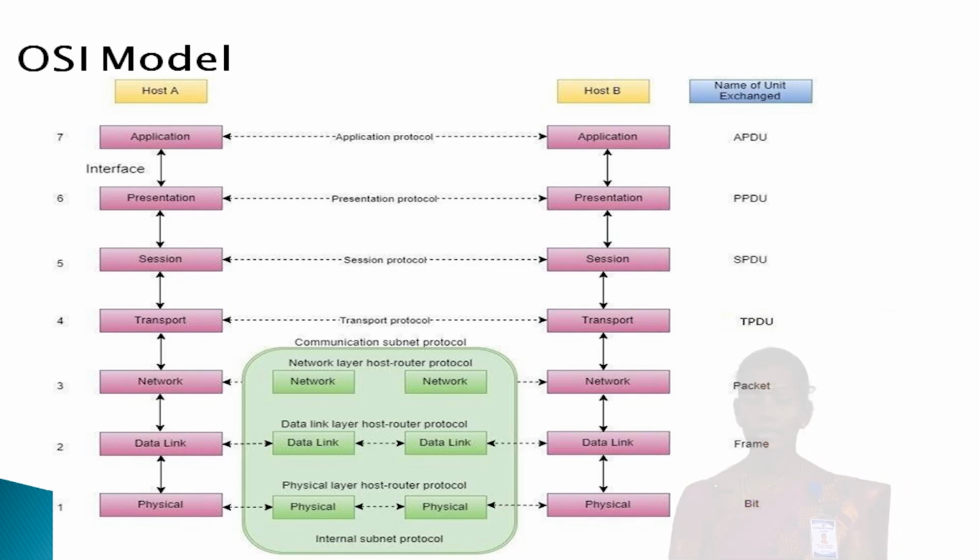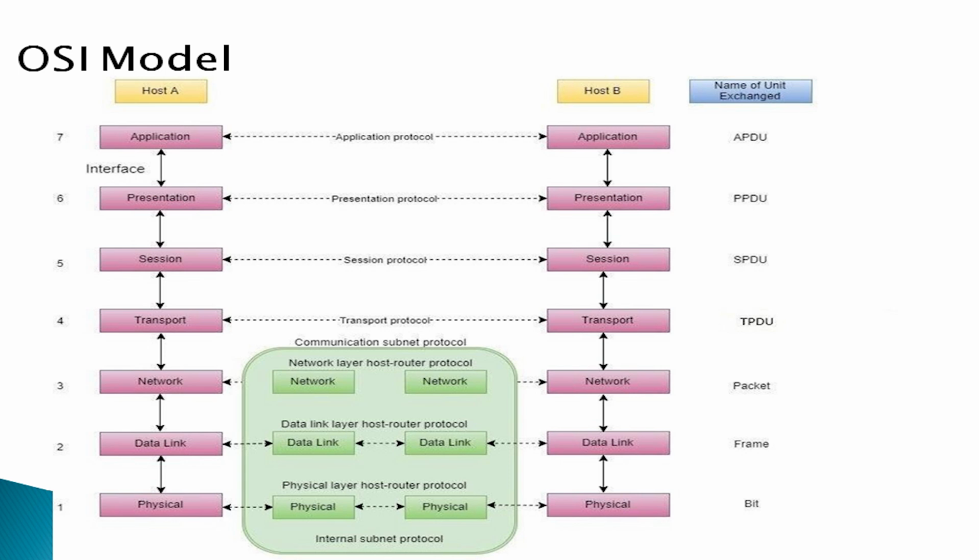OSI consists of 7 layers, and each layer performs a particular network function. The OSI model was developed by the International Organization for Standardization (ISO) in 1984, and it is now considered an architectural model for intercomputer communication.